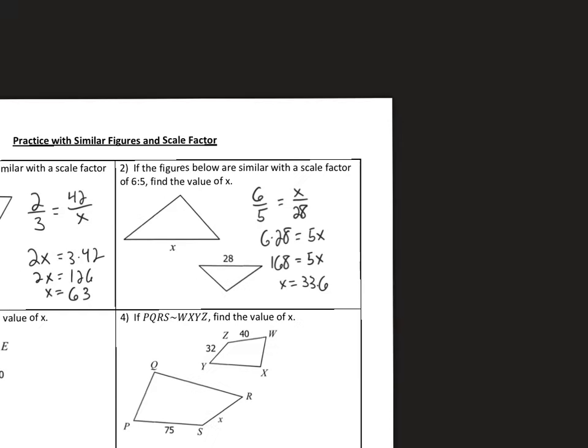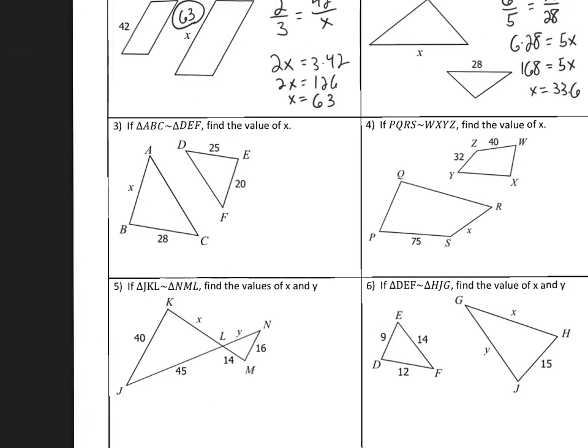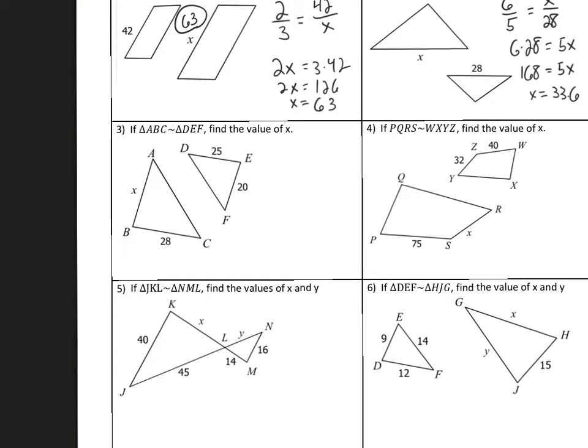All right, moving on. If ABC is similar to DEF, find the value of x. I'm going to write a proportionality statement here: AB, BC, and AC. And for the second triangle, it would be DE, EF, DF. All of those parts of the proportionality statement equal each other.